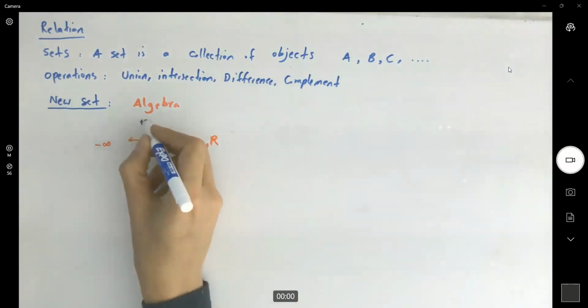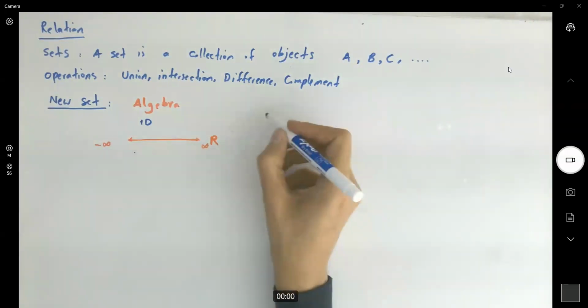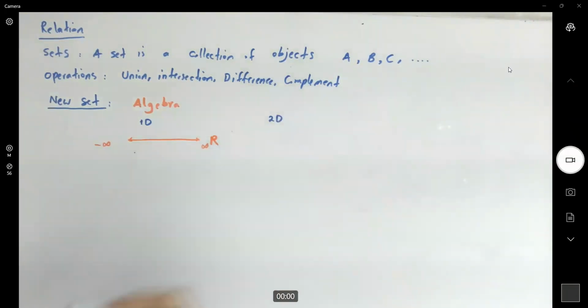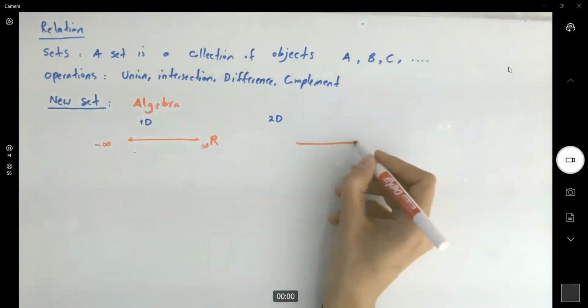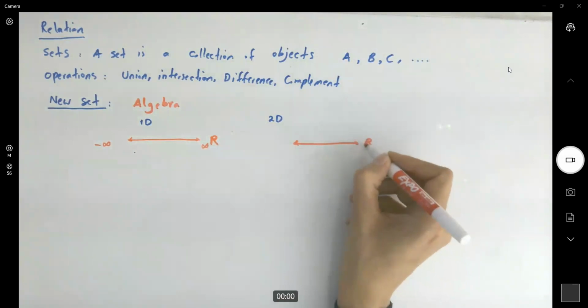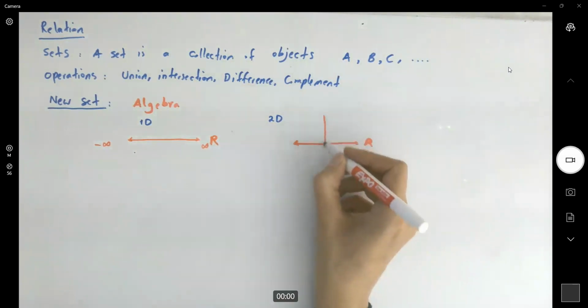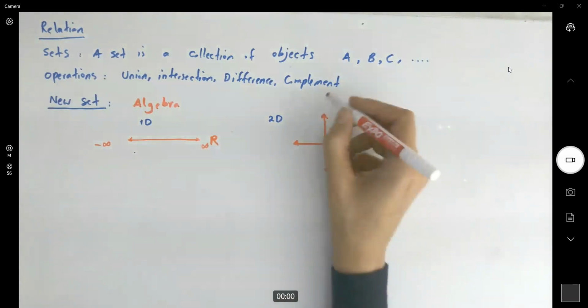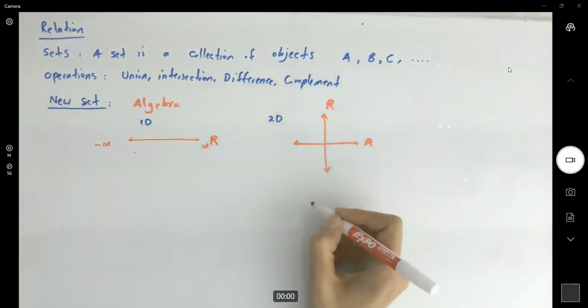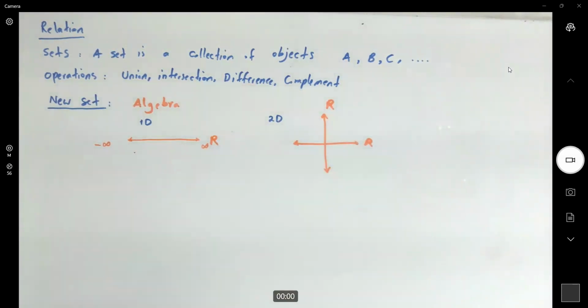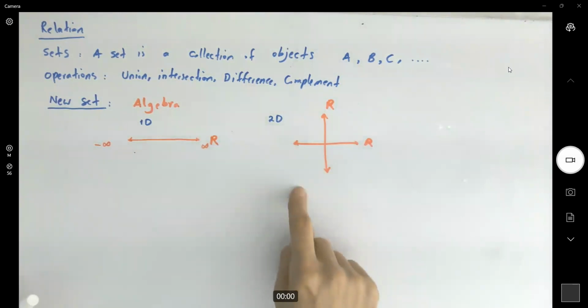This is just one dimension. We can create a two-dimensional space: the x-axis, which is just R, and the y-axis, perpendicular to that, is R, representing the two-dimensional plane.